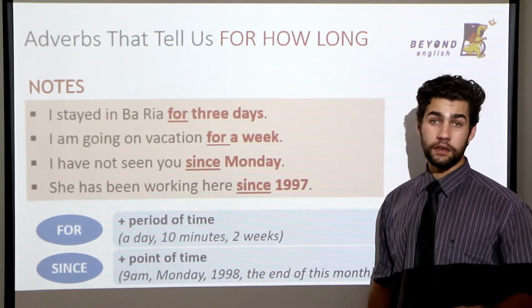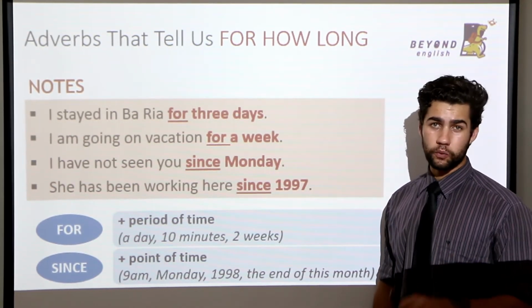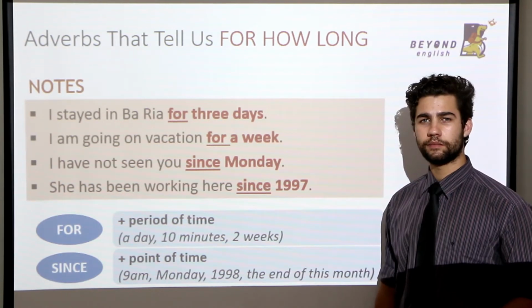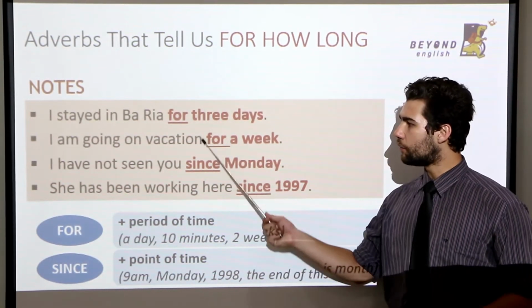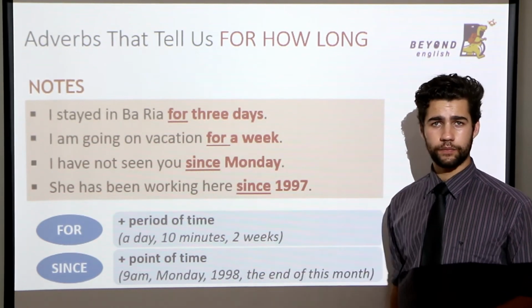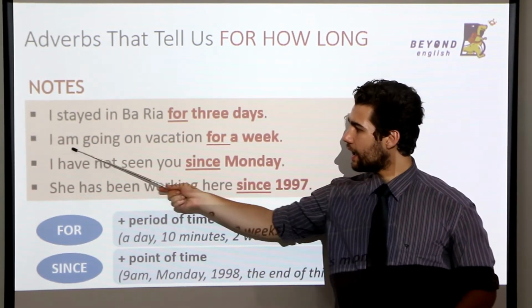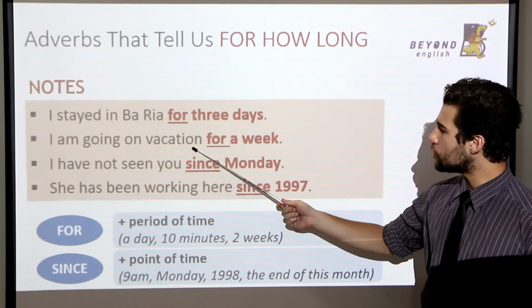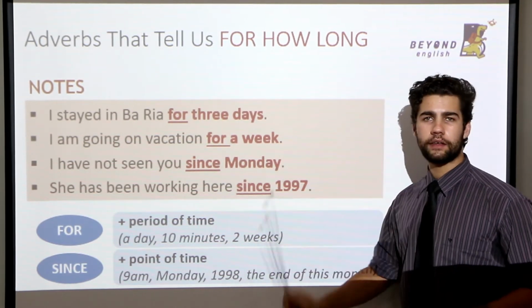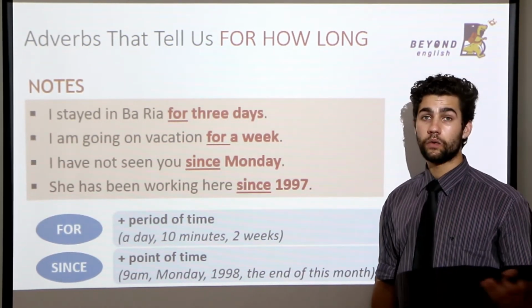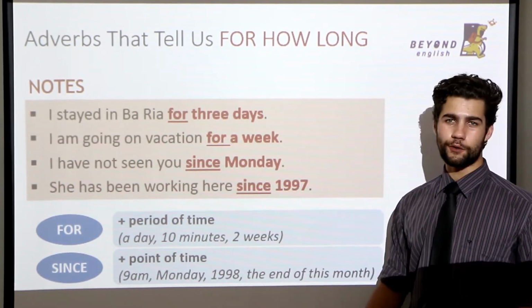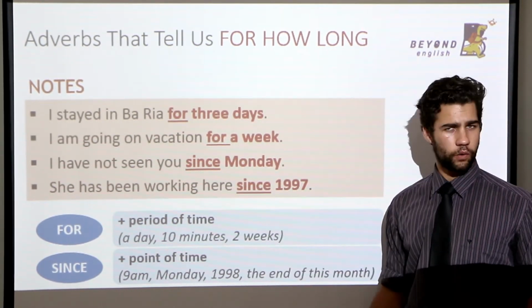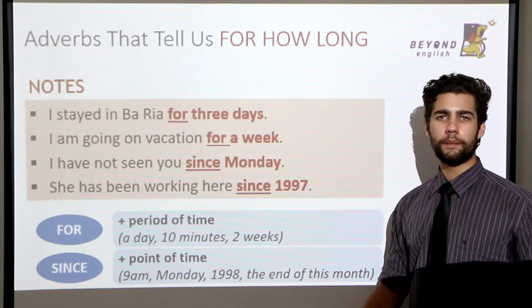I stayed in Beyond English for 2 weeks. Let's keep moving. We can do the same with for in this sentence. So, I am going on vacation for a week. We can say for a day, for a year, or for a month.